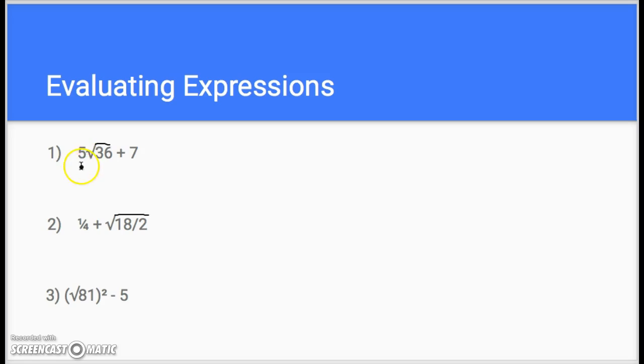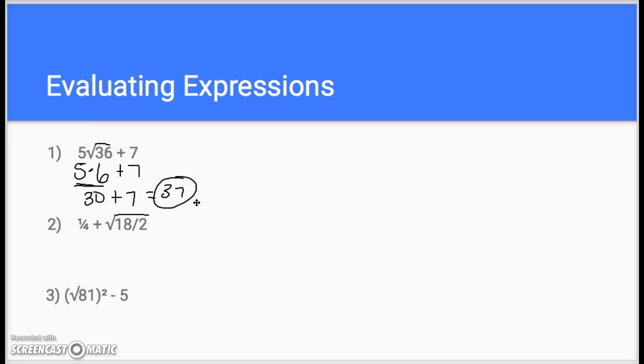So right here we have 5 times the square root of 36, which is 6, and then plus 7. And you just follow your order of operations, PEMDAS. So we multiply before we add, so 5 times 6 is 30, plus 7, your answer would be 37.